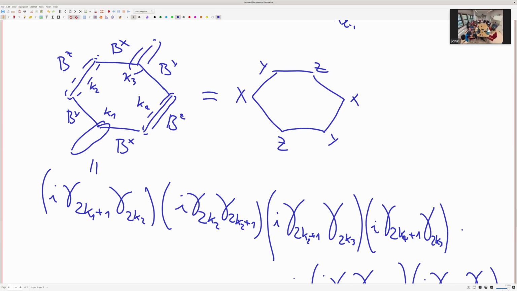You can check that this is equivalent to this Pauli string acting on the lattice. And this is exactly this operator that we called LP at this time, if you remember.